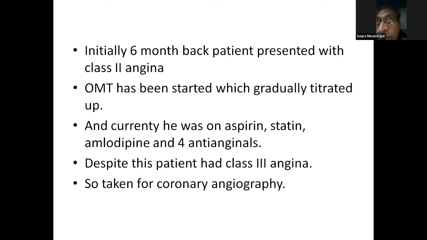So I put the patient on optimal medical therapy, and at that time the pain was relieved, but gradually it required up-titration of optimal medical treatment. At the time of presentation, the patient was on aspirin, statin, amlodipine, and 4 anti-anginals. He is not diabetic.